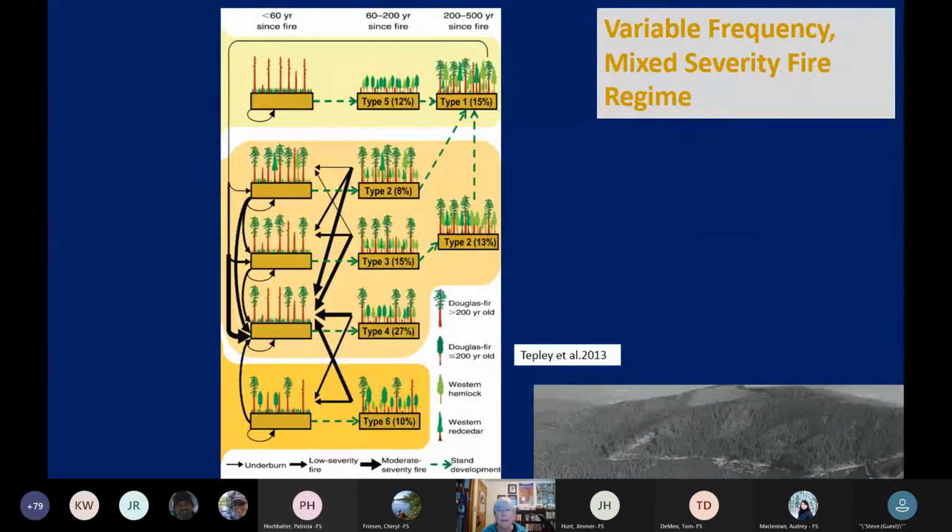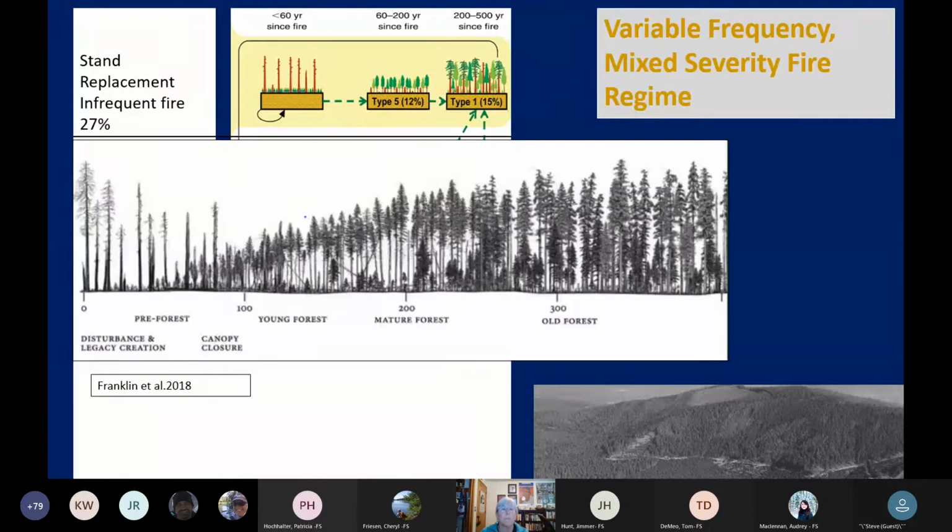And in fact, Alan Tepley took a stab at this by looking at many stands in the West Cascades and trying to get a handle on how fires affected stand structure and succession through time. And as you can see from this graphic, it's pretty dang complicated.